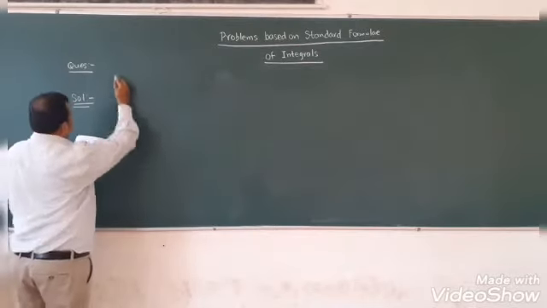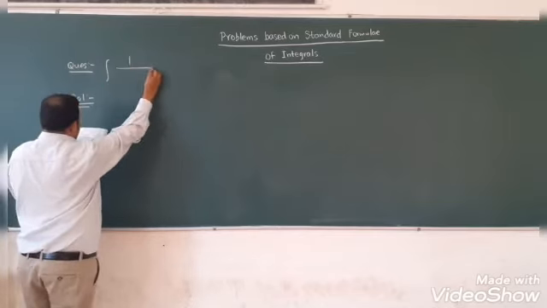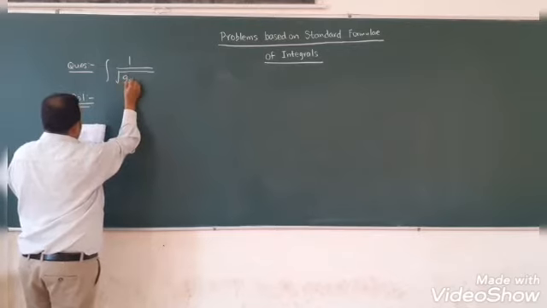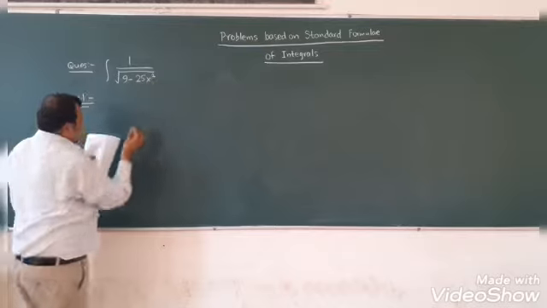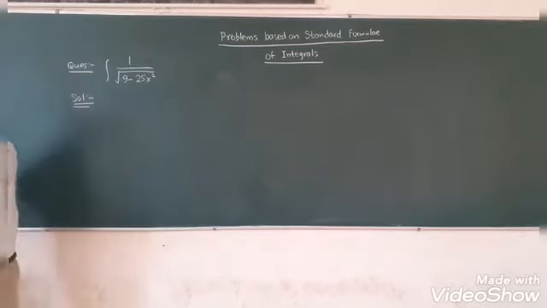The next question is integral 1 divided by square root of 9 minus 25x square. Now look here.